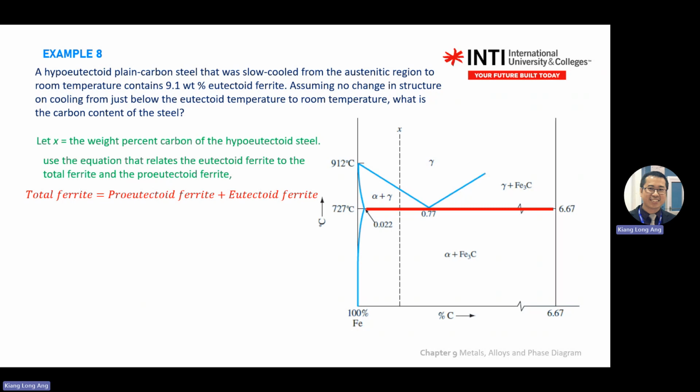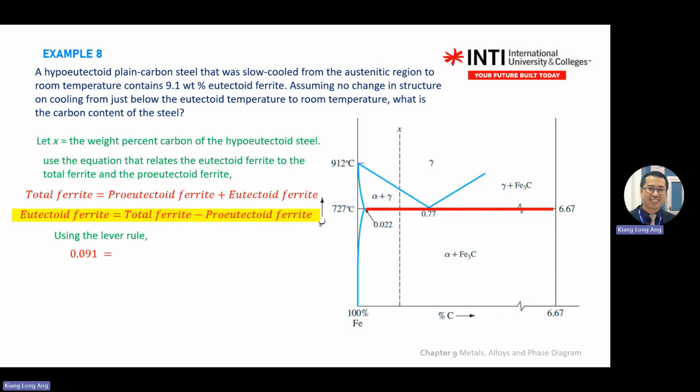So you know that total ferrite is pro-eutectoid plus eutectoid ferrite. So you want to find eutectoid ferrite. So you just pull pro-eutectoid to the left hand side. Using the lever rule, in this case you are given 9.1%, so 0.091.